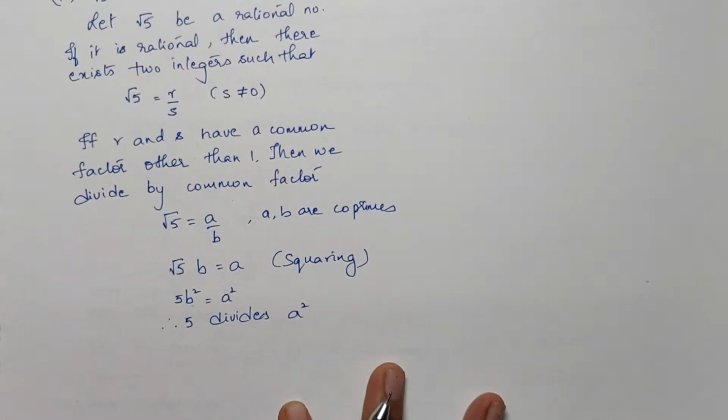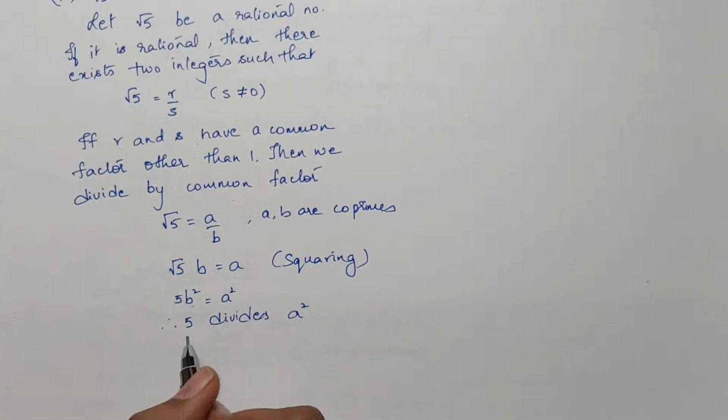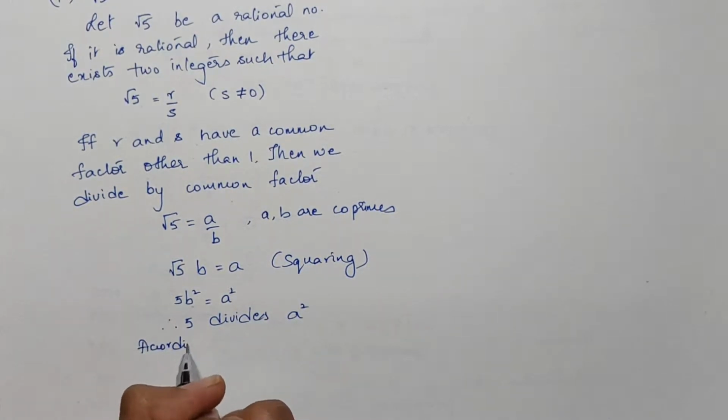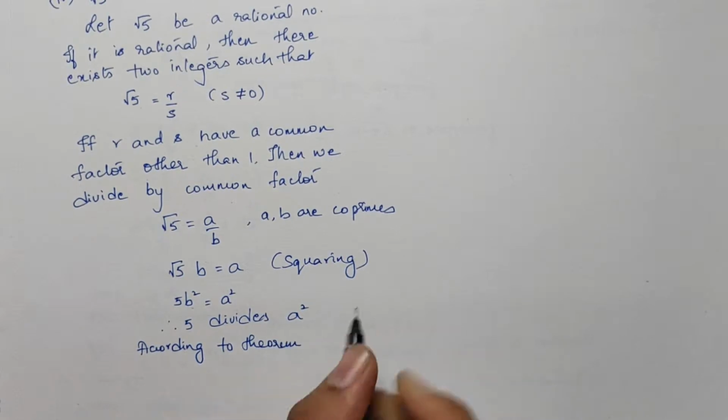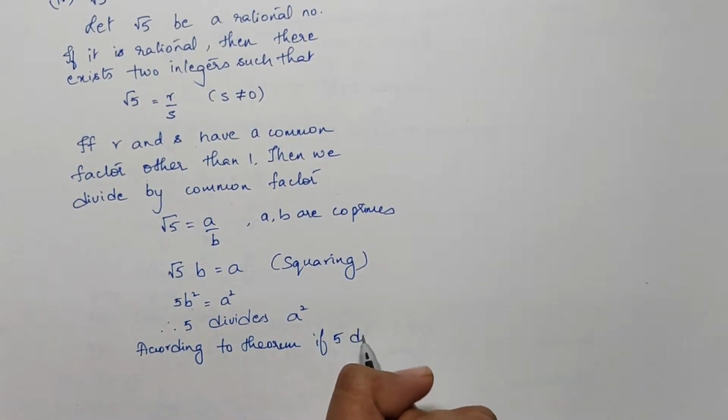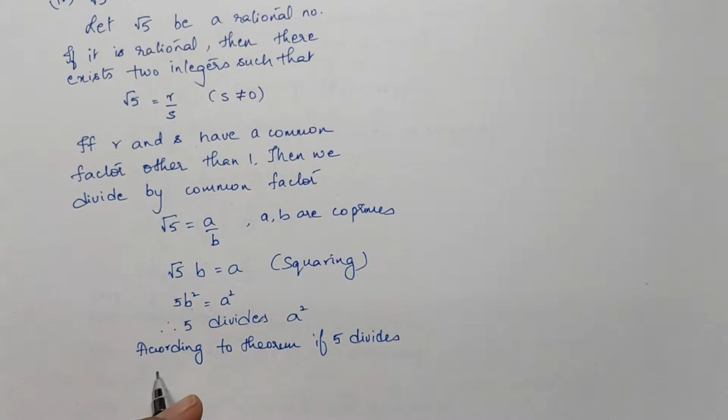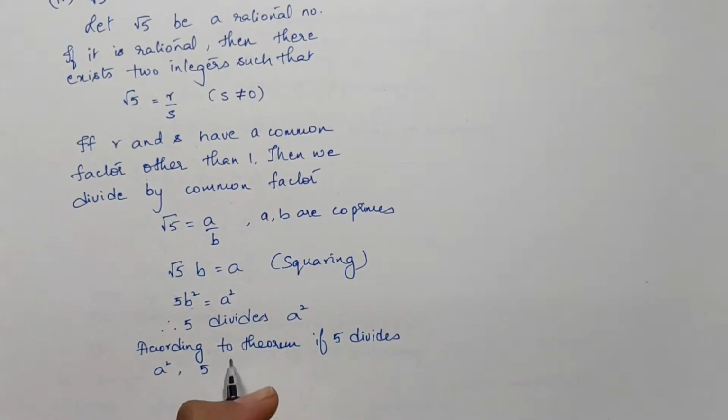So according to the theorem we have learned previously, if 5 divides a square, 5 divides a.